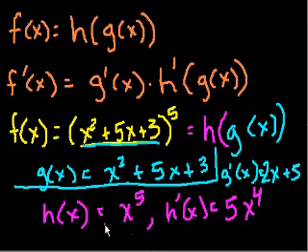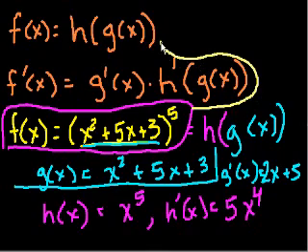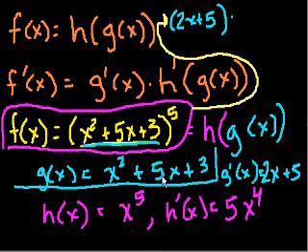So the chain rule just says that the derivative of this entire composite function is just, and let me just write it down here. I'm doing this to optimally confuse you. The derivative of this entire function is just g prime of x. Well, we figured out what g prime of x is here. It's 2x plus 5. So it's 2x plus 5 times h prime of g of x.